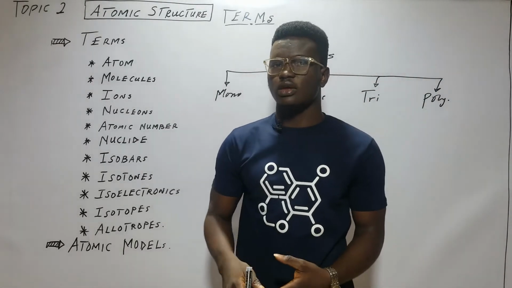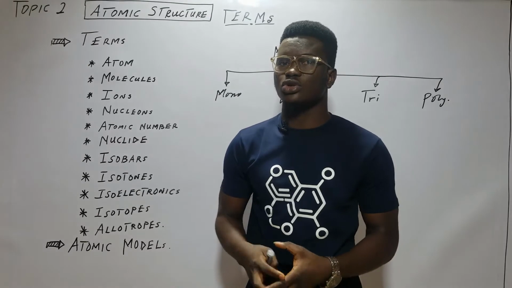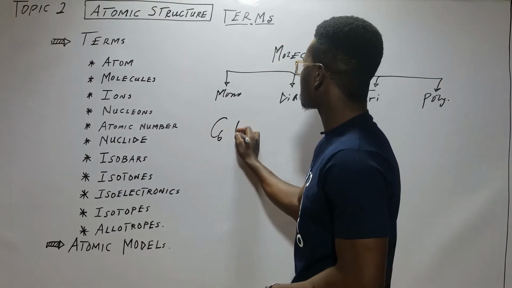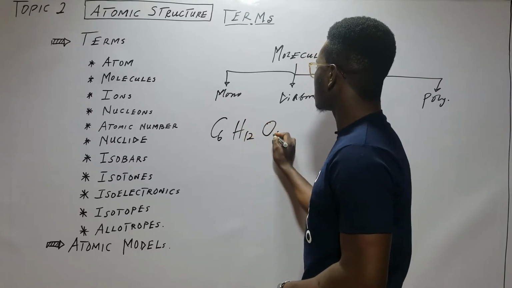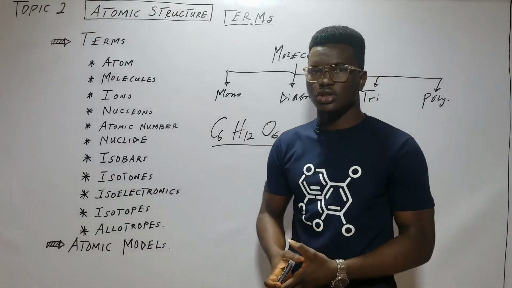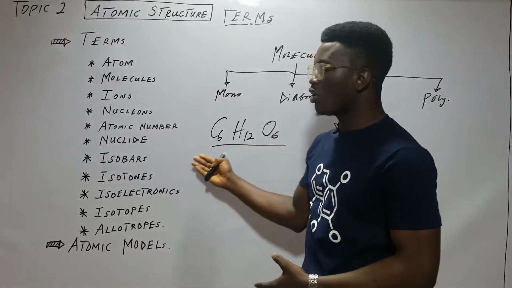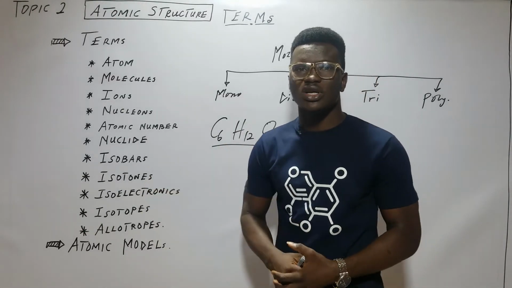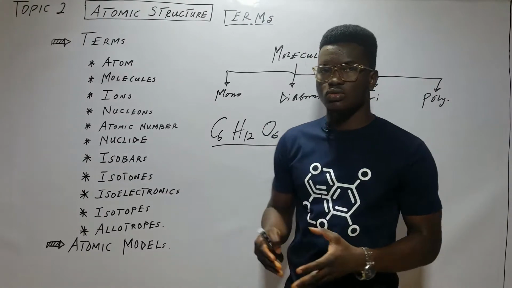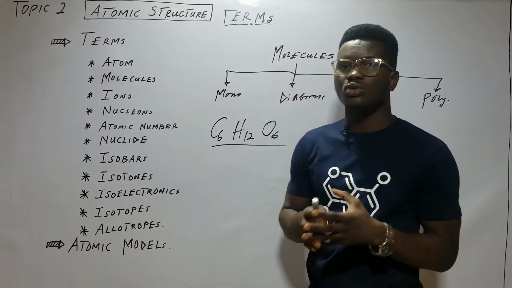Even your sugar is made up of this. Let's check this out. This is C6H12O6. How many elements do we have here? We only have 3 elements: carbon, hydrogen, and oxygen. But when you count all the atoms of the elements present in this molecule, they are 22 altogether.